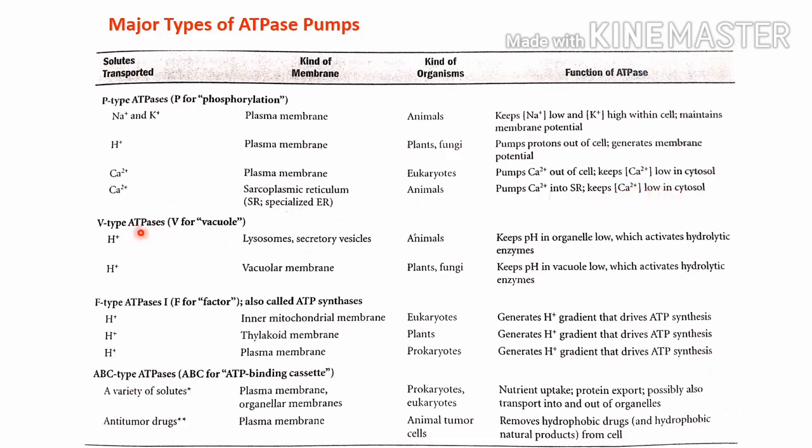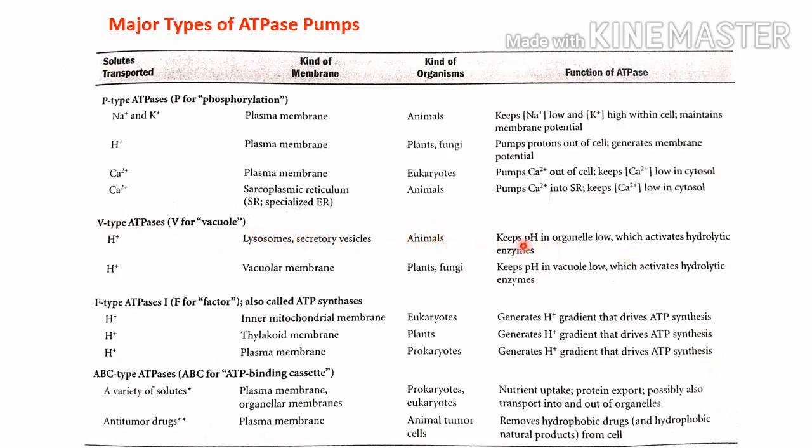so as to keep the calcium ion concentration low in the cytosol. Similarly, the V type ATPases, V for vacuole: here we know that lysosomes are vesicles having digestive enzymes. So to maintain the low pH, that is to maintain the enzymes present in the lysosomes, hydrogen ions should be transported into the lysosomes, and this is present in animals.